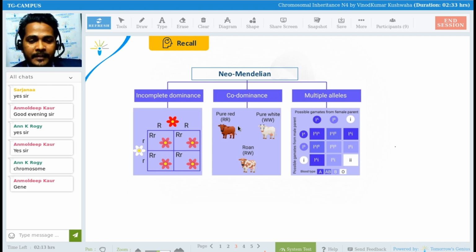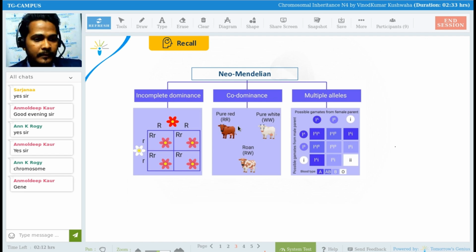You can see this with simple blood grouping, like IA and IB, and i, which is responsible for the factors. In human beings we have a total of three alleles, either IA, IB or i. So this is the example of the ABO blood group related to multiple alleles. These three examples are important for you to remember. This was the recall of what we studied in the last session.